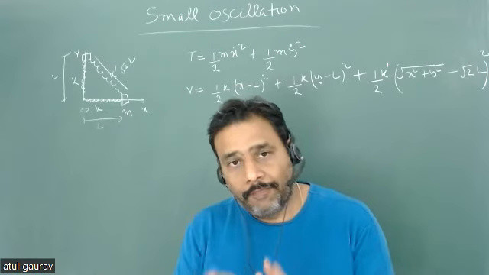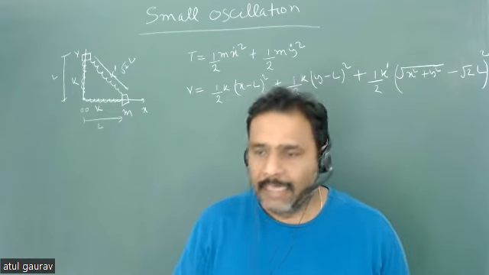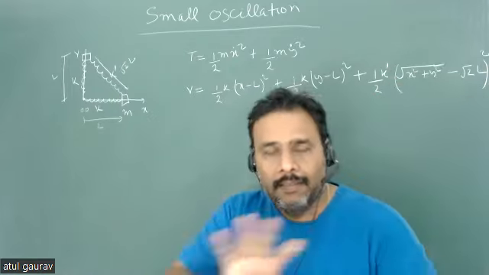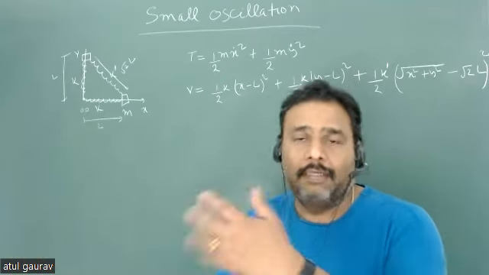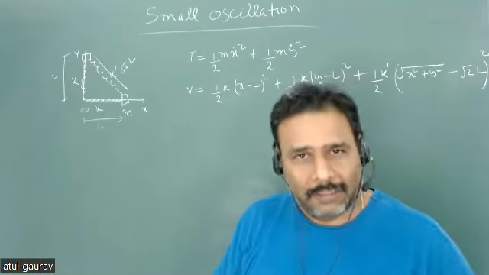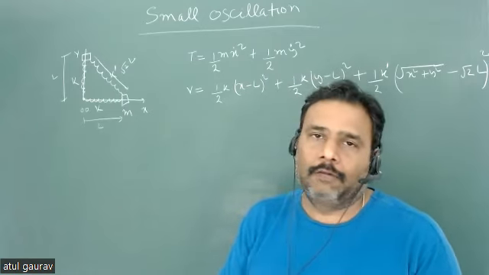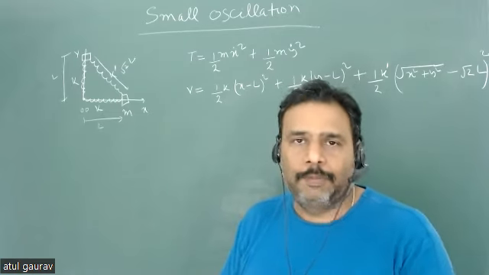How will you get the V matrix? Here you can see this is in a functional form, so you cannot directly expand it and write it as we have done in earlier classes. So this is a little bit complicated. You have to write the V matrix from first principles.